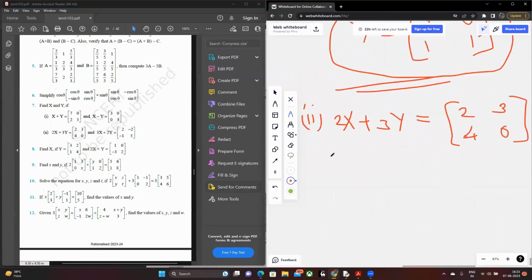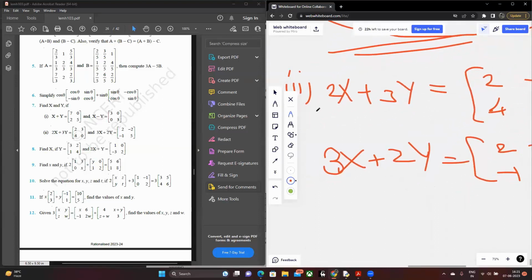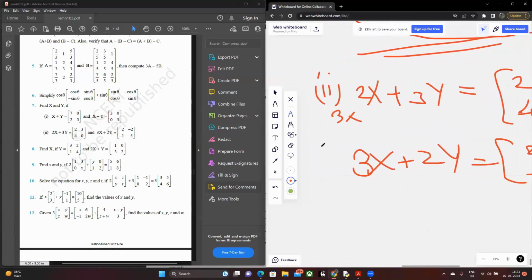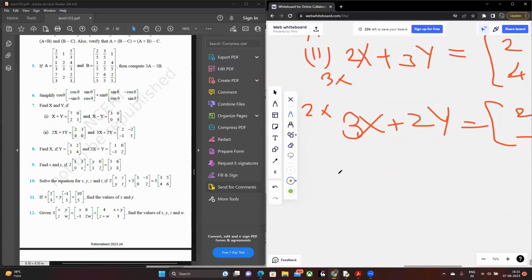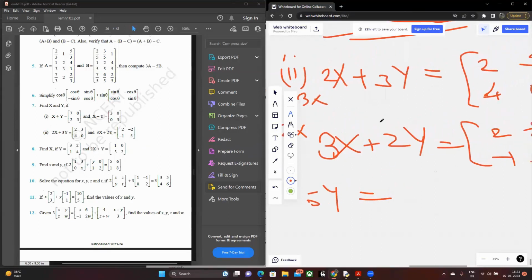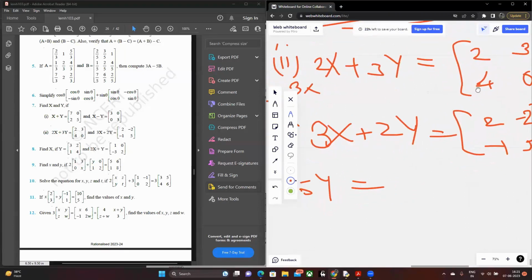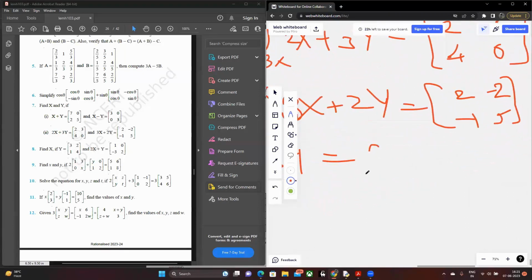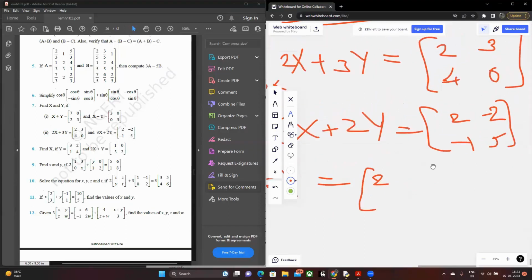And you have 3x plus 2y is going to be equal to 2, minus 2, minus 1, 5, right? Multiply this by 3, multiply this by 2, and then subtract both. You basically get 9 minus 4, that is 5 times y, is equal to 3 times 2 minus 2 times 2, that is equal to 2, right?